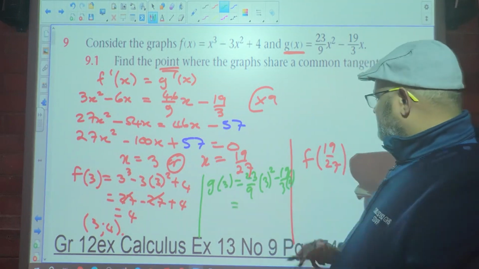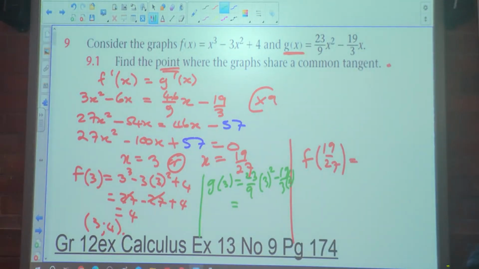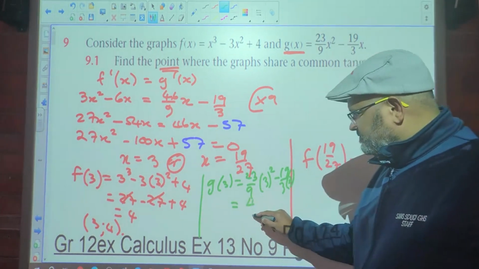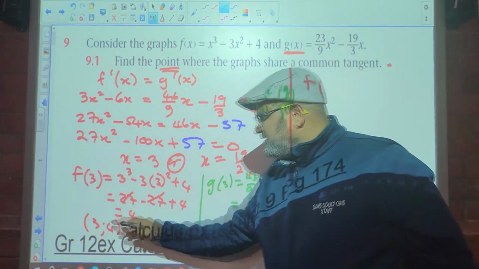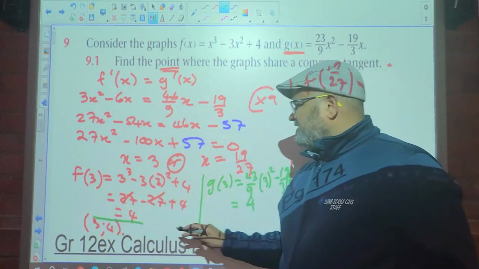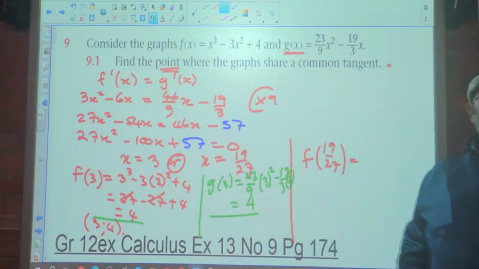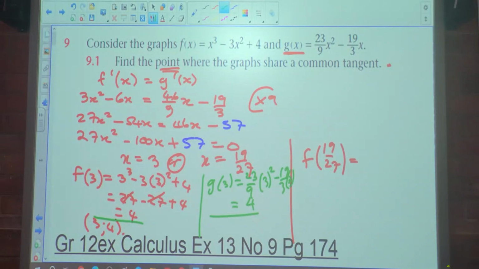Work that out, what do we get? 4. So what do you notice? That f of 3 is 4 and g of 3 is 4. So definitely it's also a point of contact.